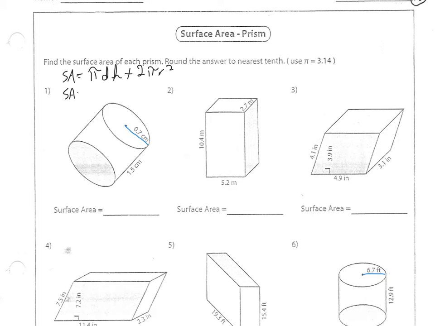Surface area equals pi times diameter. Now, again, and I'm just going to hammer this to death, radius is half of the diameter. So if I give you a radius, which they did here, you have to double it for this number. So we double that, we get 1.4 times your height, which is 1.5.